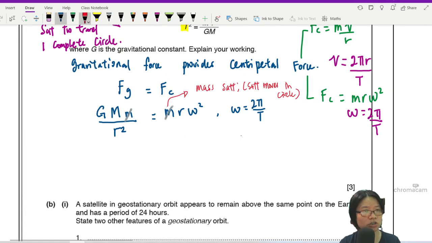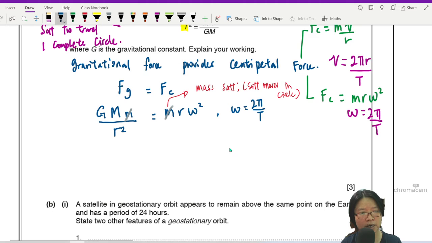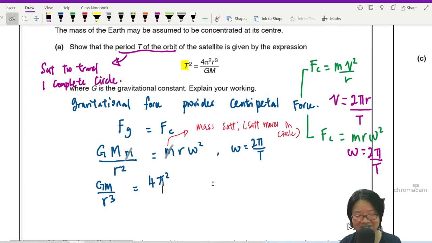Okay, so much talk, time to rearrange. Now I'm going to substitute omega as 2 pi over T. I will rearrange a bit. From here, I'll bring down the r. I get GM over r cubed is equal to, I'll just open up the square because I spot a T squared here.